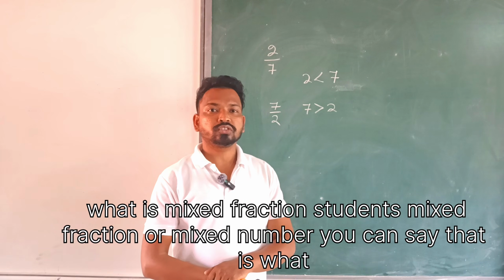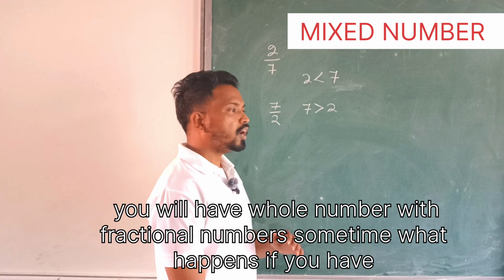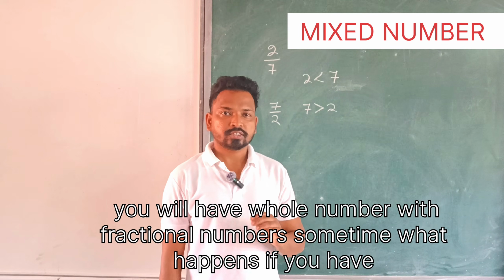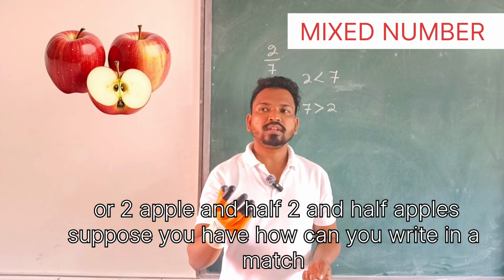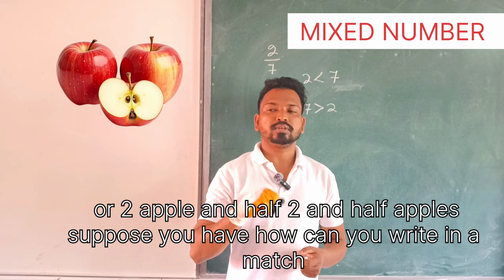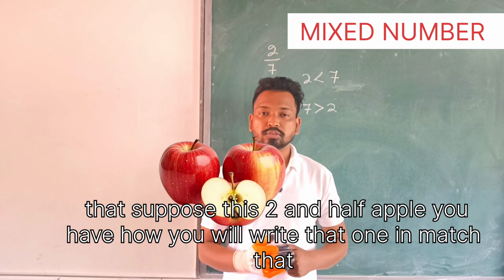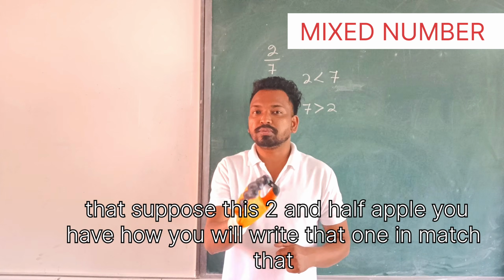What is a mixed fraction, students? Mixed fraction or mixed number, you can say. That is where you have a whole number with a fractional number. Sometimes what happens, if you have two and a half apples, how can you write that in maths?